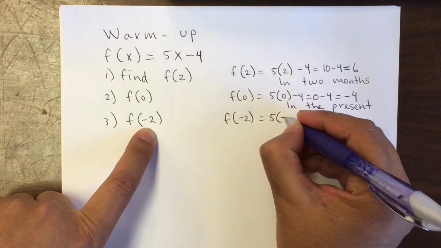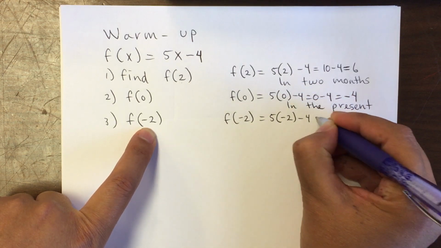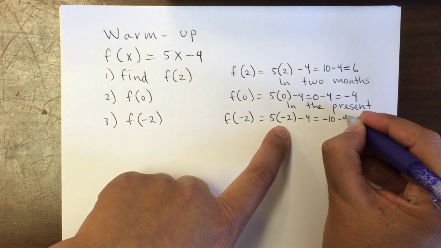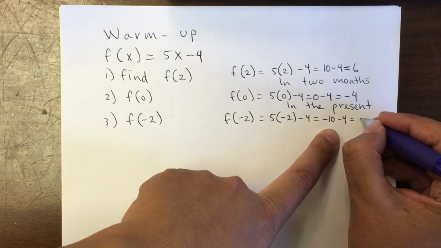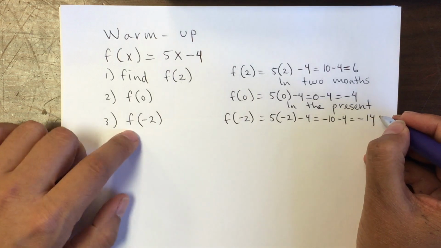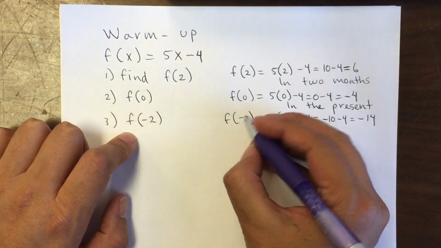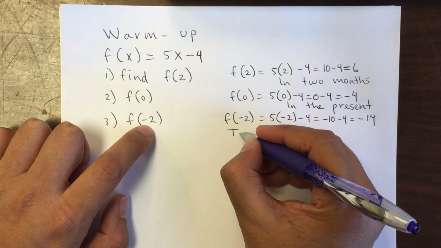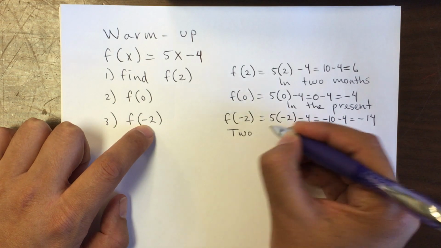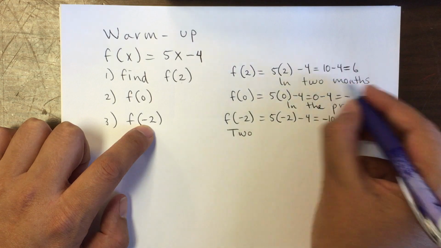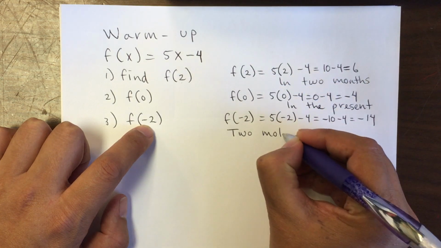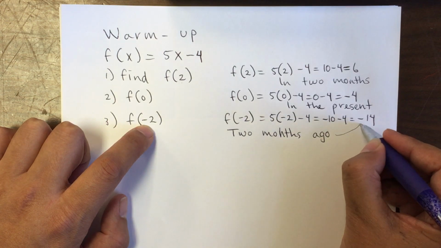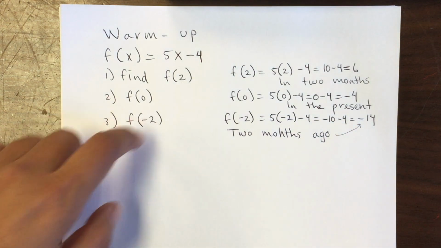F of -2 is 5 times -2 minus 4. And so that's going to be -10 minus 4, and so it's -14. And what does this stand for? Remember that when it's a negative, it's time in the past. So if we're talking about months, 2 months ago, I owed $14.